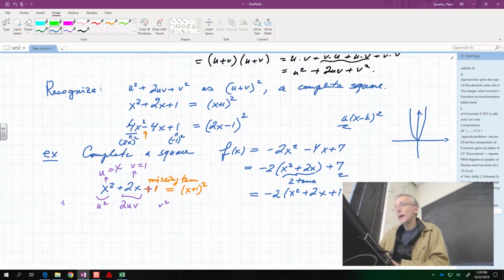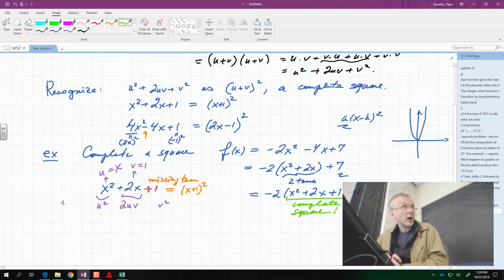That way I do have a complete square lined up. Then the job is almost done, because I already know it's x plus 1 squared, and the rest is a little bit of simplification. So it will be negative 2 times x plus 1 squared. And then what's left, this plus 7 still here. What's left is plus 2.